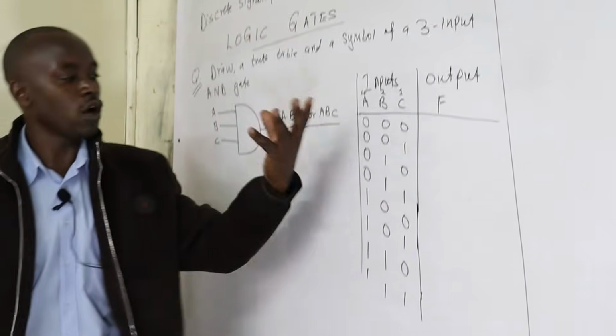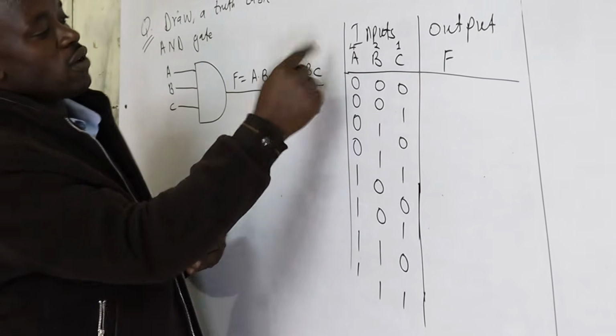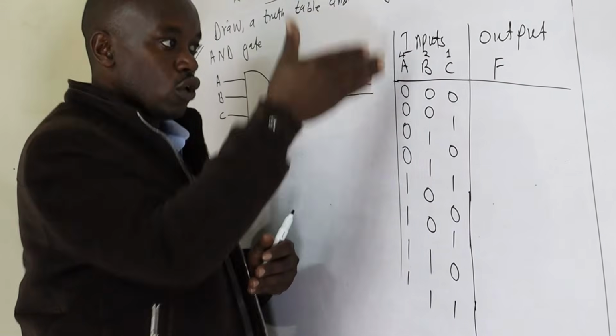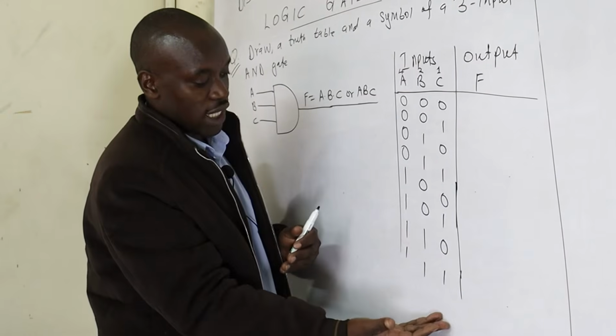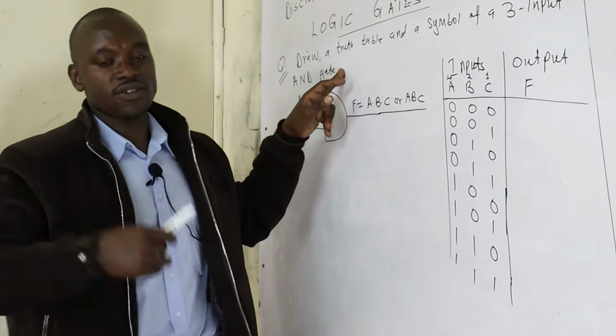So you don't need to have trouble drawing a truth table of 3 inputs, so long as you remember this rule: 4, 2, 1. 4 zeros, 4 ones. 2 zeros, 2 ones. Then 0, 1, 0, 1 until you reach the end. And we have said from up there that an AND gate is a series switch.